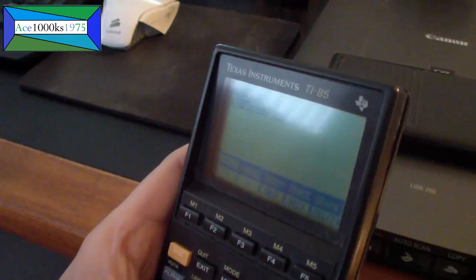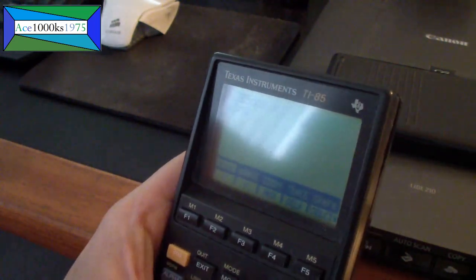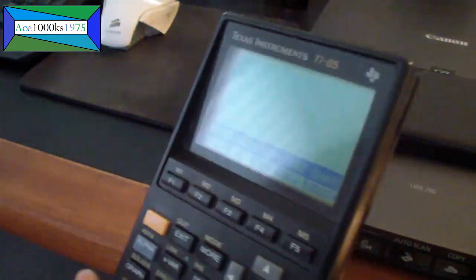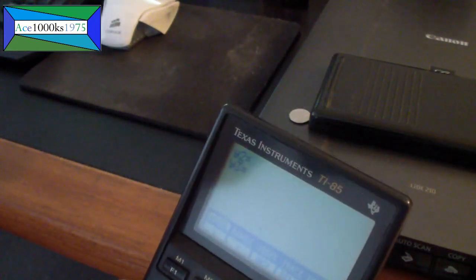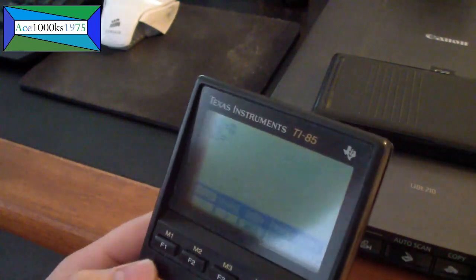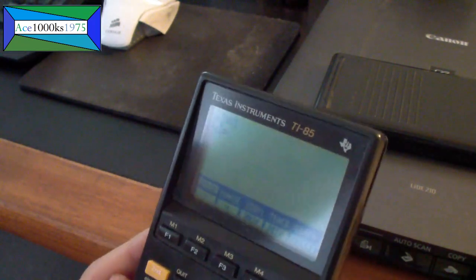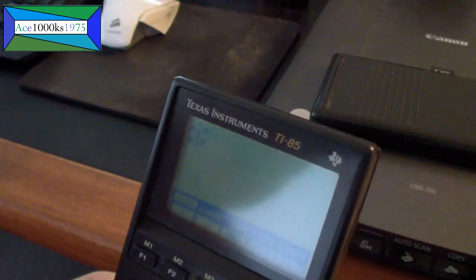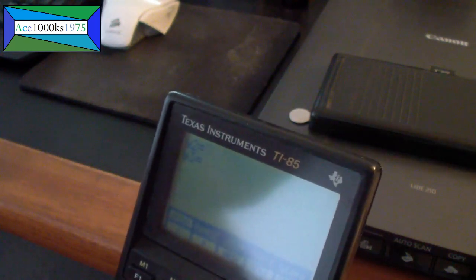So we learned how to graph stuff on this. I mean, we used this as a tool to graph when we did math and science courses like trigonometry and stuff like that. So this was pretty useful for us when we were going to college and learning advanced mathematics and physics.